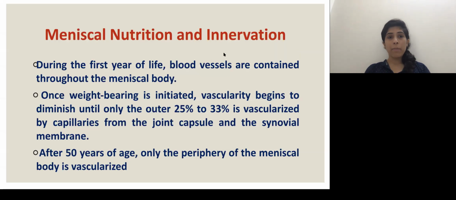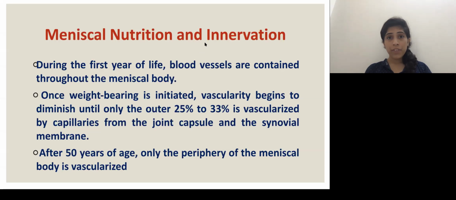Now, nutrition to the menisci. During the first year of life, the blood vessels are contained throughout the menisci, so it has a good blood supply. But once the person starts weight bearing on the extremity, the vascularity begins to diminish until only the outer 25 to 33% of the menisci are vascularized by capillaries from the joint capsule's synovial membrane, and the central area does not get a proper blood supply.